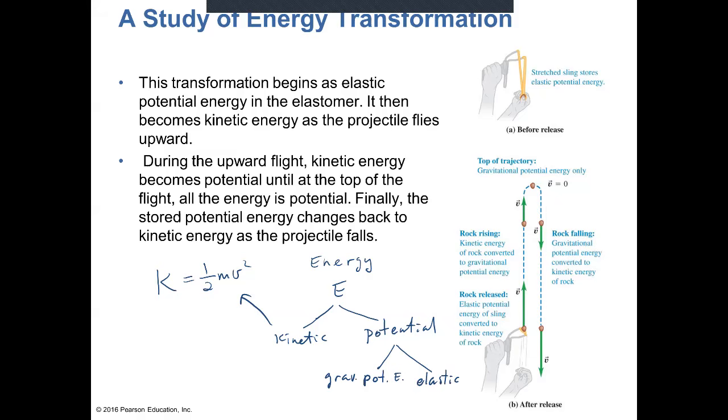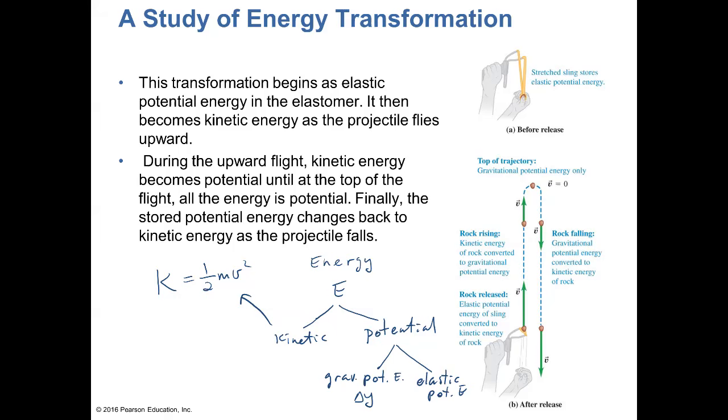Gravitational potential energy is due to change in height, so every time there's a delta y, which is a change in vertical position. And elastic potential energy is every time there's an elastic object that has been moved from equilibrium, basically anything that you can use to change shape.